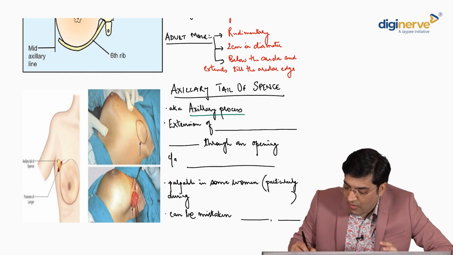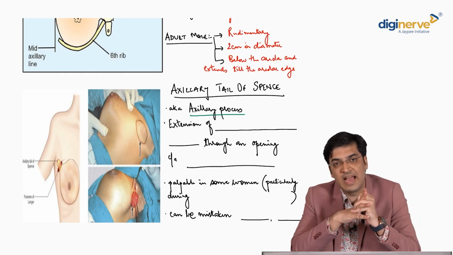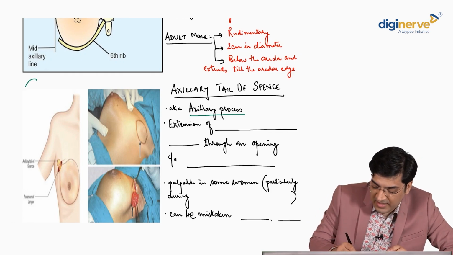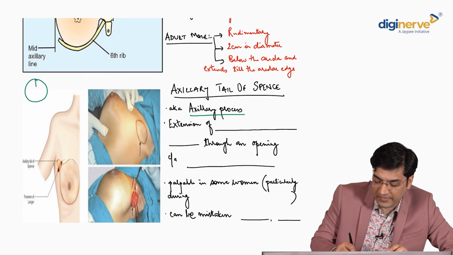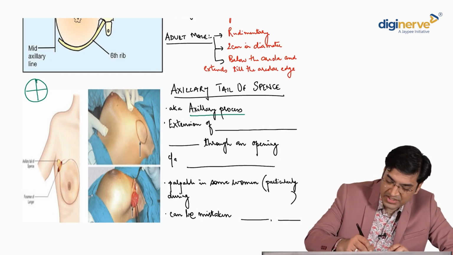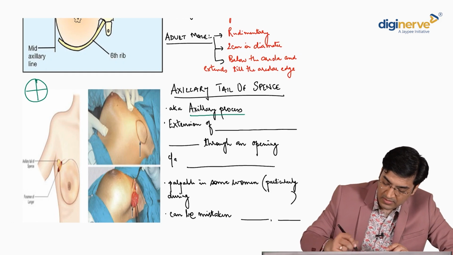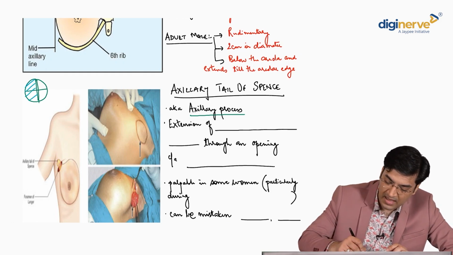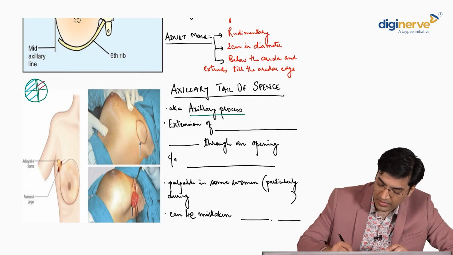Now, extension of which quadrant? We all know that breast is divided into 4 quadrants. We divide the breast generally into 4 quadrants. Okay, this is the outer quadrant, these two, I'll shade it for you. These are your outer quadrants and these are your inner quadrants.